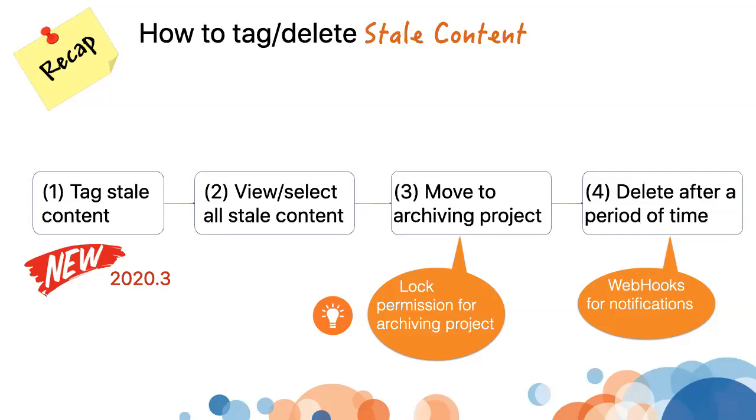Now, the tip here is that for the archiving project that you have, I recommend that you lock the permission. What it means is that all the other users will not get permission anymore.